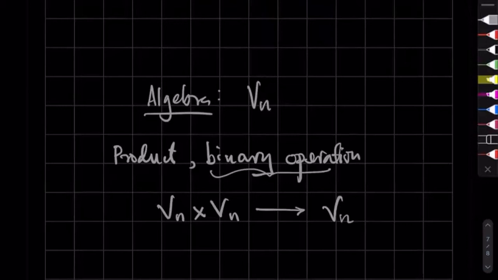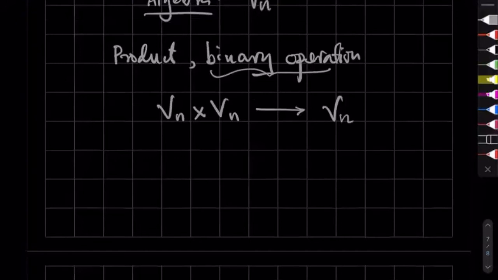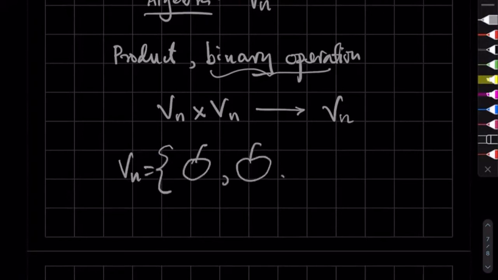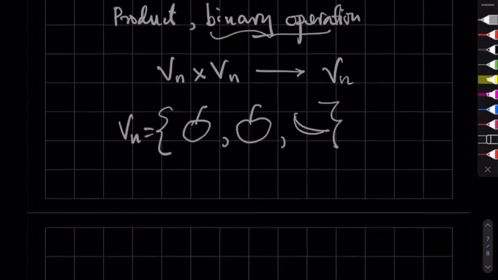Do you understand that, Fiza? Yes, sir, I do. So that operation can be something very arbitrary. It is very general. You can say, suppose my vector space consists of, say, an orange, an apple, and a banana, and this is the basis.